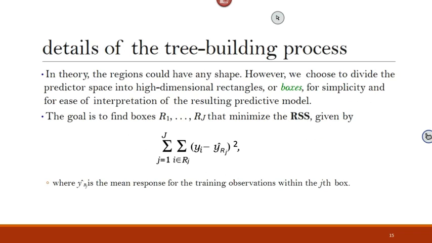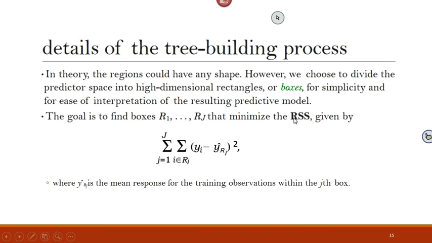That's what I meant before: once you select a predictor and a cut point, there's no going back. You make a split into 2 regions. That's it. You need to think of the next step, on how you make the best split of those 2 regions into further regions, and go on with it. There's no going back to previous steps. So that's why we call it a top-down greedy approach.